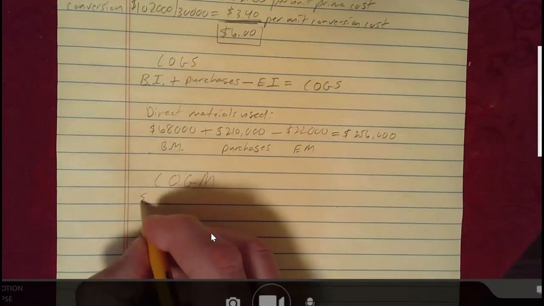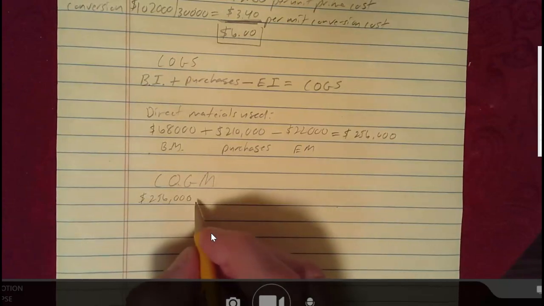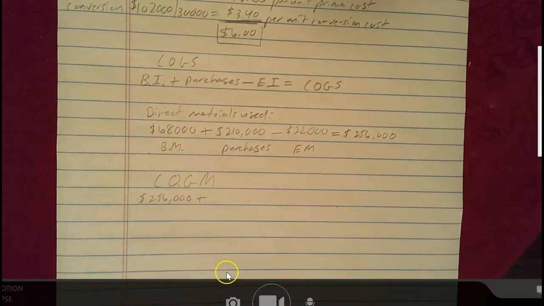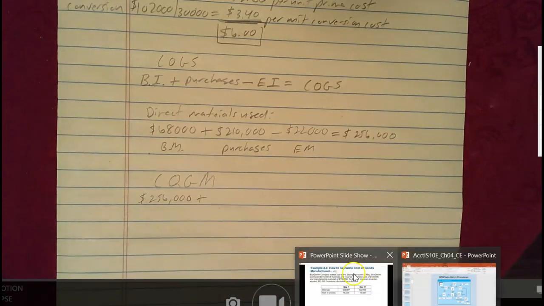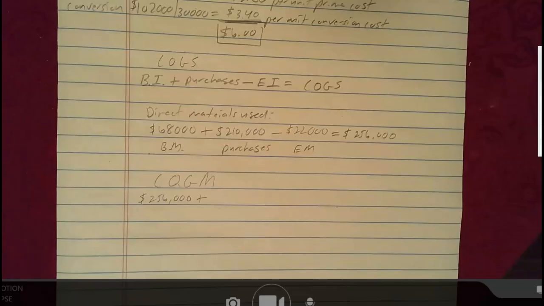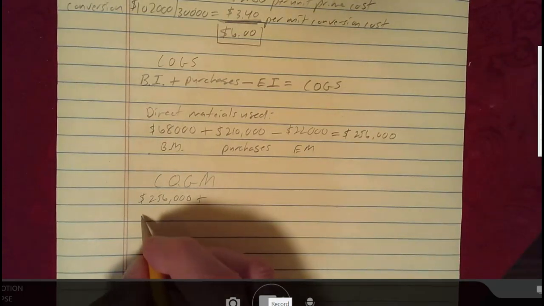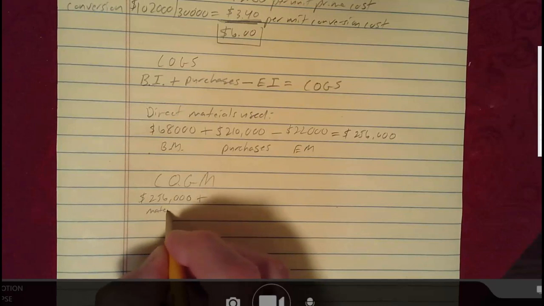So before we get to that calculation here, if you recall, we calculated our direct materials used as $256,000 plus what? Now let's go back and take a look. Plus direct labor of $135,000 and manufacturing overhead of $150,000. And I'm going to go ahead and put what this is here to keep our thoughts in order.